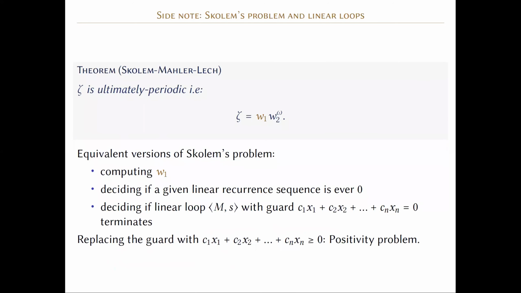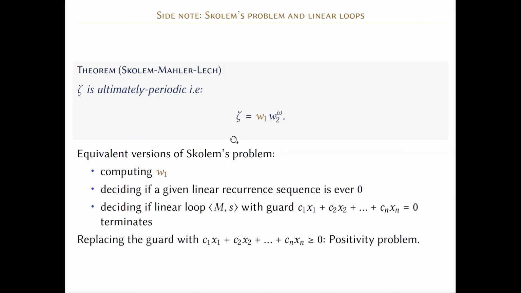So a side note about Skolem's problem. One version of it is to compute the finite prefix W1. The second one is to decide if a given linear recurrence sequence is ever 0. So suppose we have computed W2 and it does not contain any zeros.